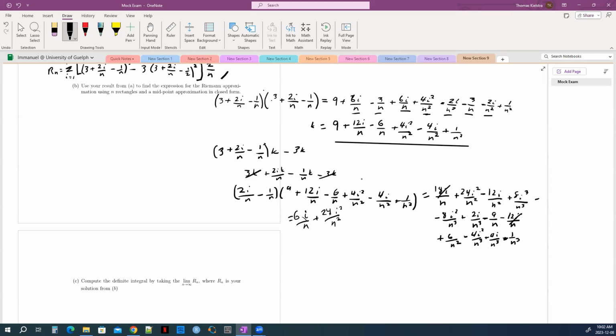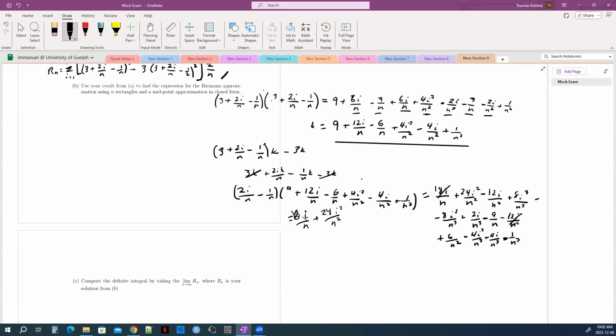This should be minus 9 over n. This should be over n squared, not over n. So this here is going to be 18i over n.